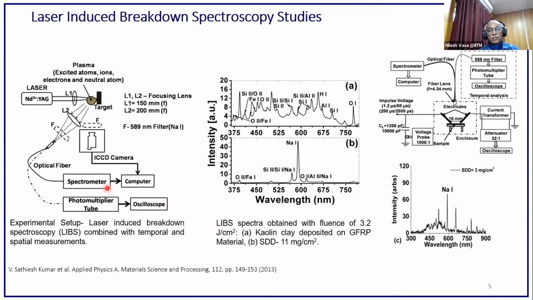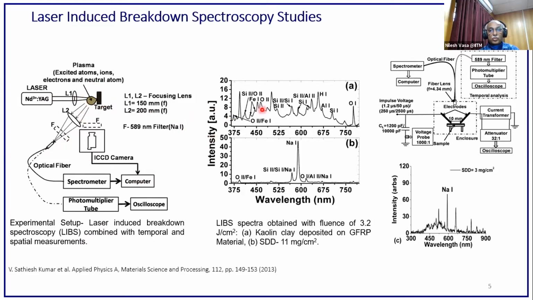And first we started with small tabletop studies where we used a reference target GFRP material, and then we deposited various concentrations of salt, where the salt deposition density was controlled on the surface, and then we were trying to see what optical emission we can capture.